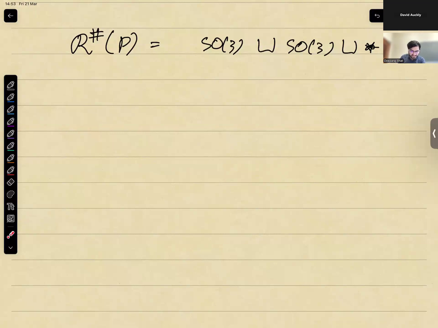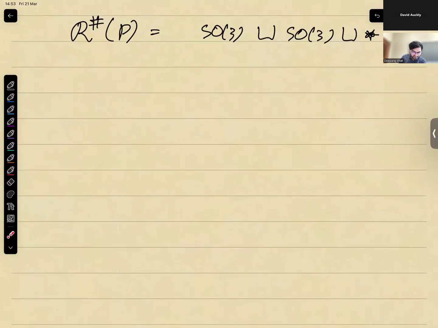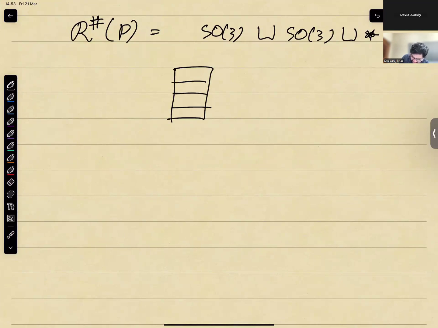Here, the problematic thing is, if you look at the Morse-Bott spectral sequence sort of thing, then you have all of these SO(3)s. Each of these SO(3)s should be seen as like a four-term complex.